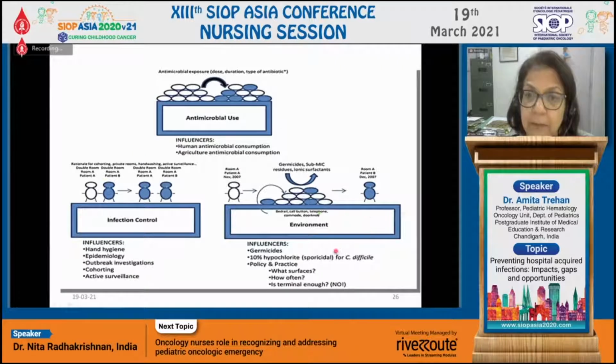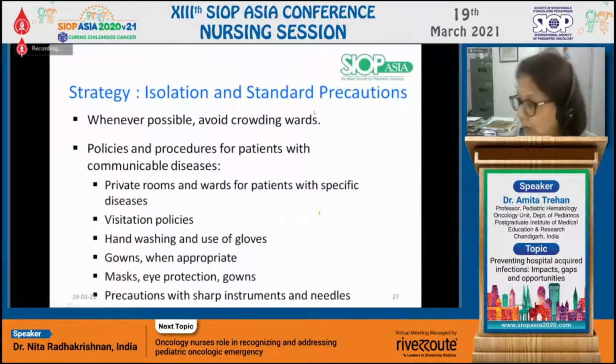And your environment, which means your surface cleaning. Make sure the place you're living in is totally clean. These are the three things required for infection control. Once you know what you're battling, the strategy comes in automatically.